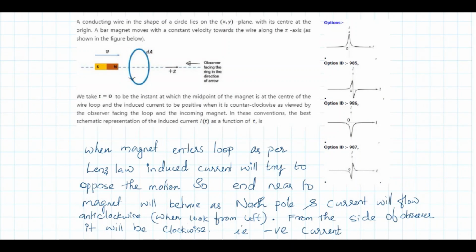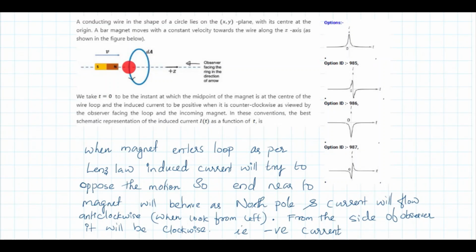According to Lenz's law, that current flow is such that it opposes the cause producing the current. What is the cause producing the current? The inward motion of the magnet. So the induced current will flow in a direction such that it opposes the inward motion of the magnet.